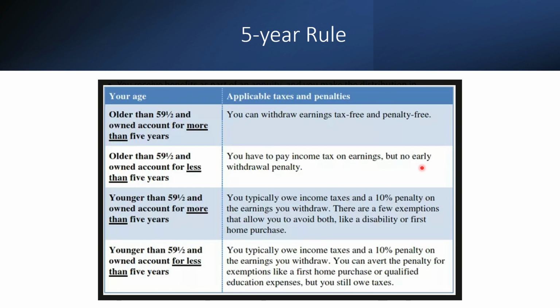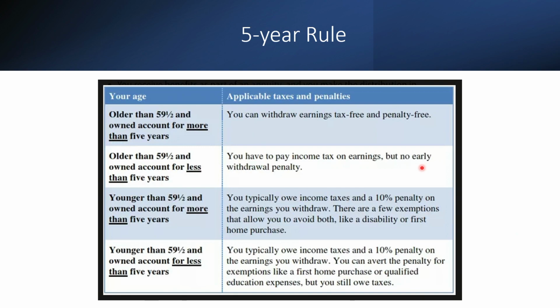So the main thing, what we're trying to do a lot of times when we open Roths early is we'll open a Roth and put $1,000 in it just to get this 5 years behind us. Because even if you are age 59 and a half, if the account that you have your Roth in is not 5 years old, then you have to pay income tax on the earnings if you take them out.